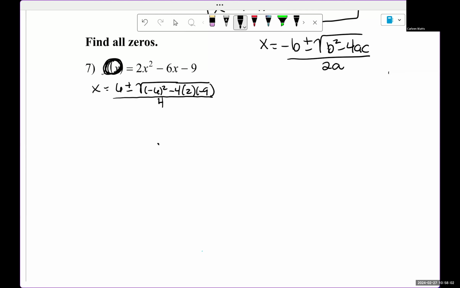Calculators. Okay, start with the discriminant. Yeah, that's what you do next.